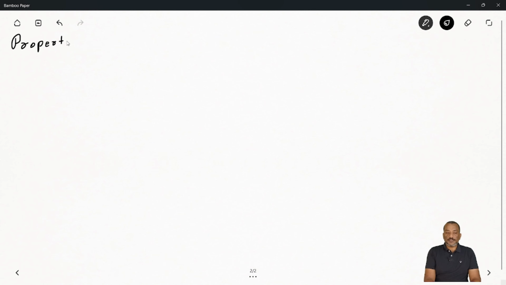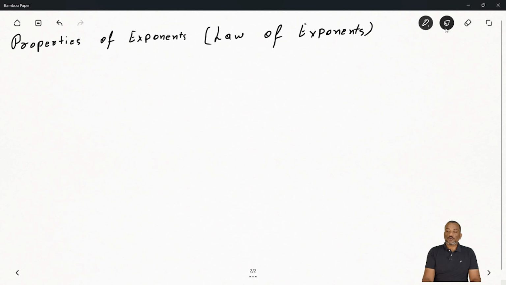Here are some properties of exponent, and that is also called law of exponents. In some books it is also called law of exponents. Make sure you will not miss anything, so you can understand everything in detail. So here we will see what are the laws of exponent.